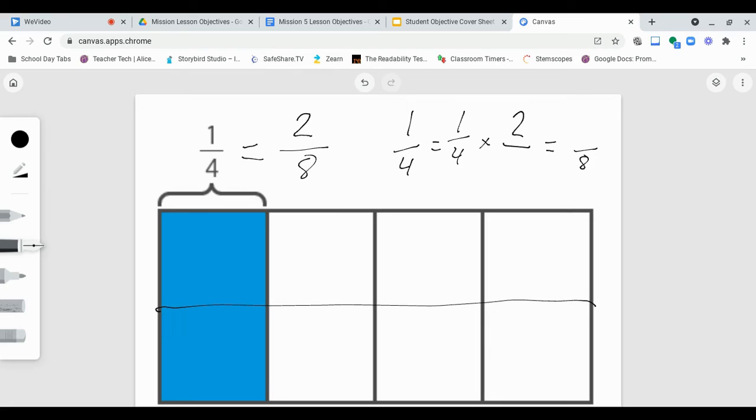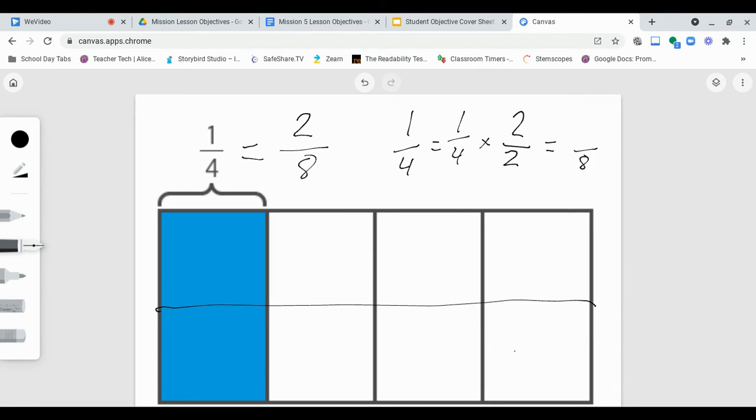And we're going to get into this in further lessons, but I can always find an equivalent fraction if I'm given a fraction and I multiply the numerator and the denominator by the same number. If I do that, I can always find an equivalent fraction. Now, for this one, we want to get specifically to eighths. So I'm going to multiply both the numerator and the denominator by 2.